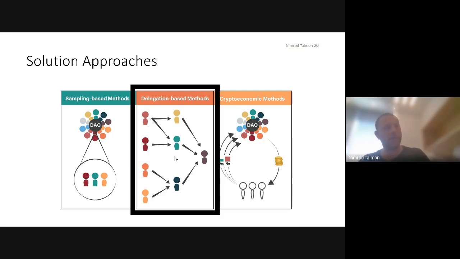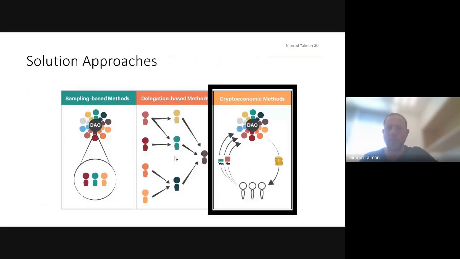And this delegation can be done in a transitive way, which results in some kind of ad hoc parliaments or committees, or dynamic power structure in the community, because several agents in the community will have a lot of subtrees of delegating voters coming to them. So there is still some knowledge lacking about how to do this delegation in the most useful way to improve the quality of decision making for the community.